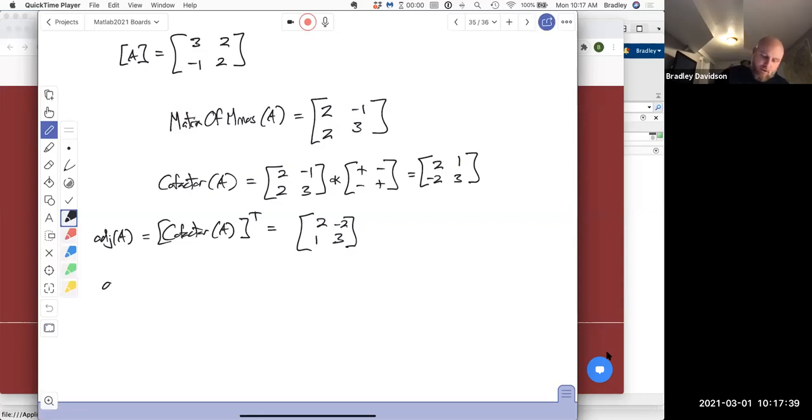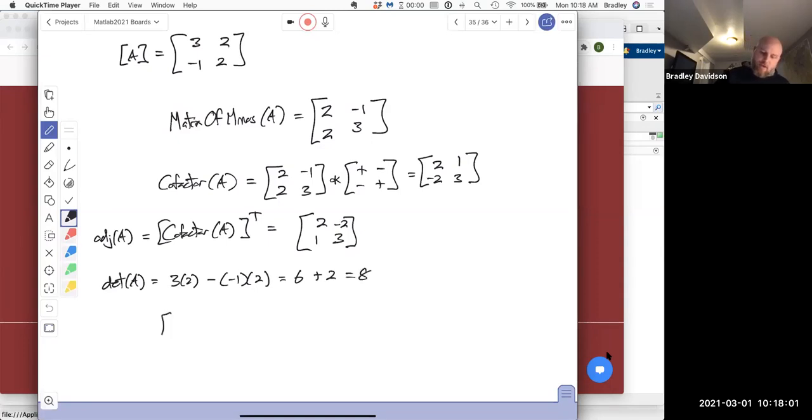Now our determinant of A is nice and easy. So our determinant of A is 3 times 2 minus -1 times 2. And we get 6 plus 2, and that's equal to 8.